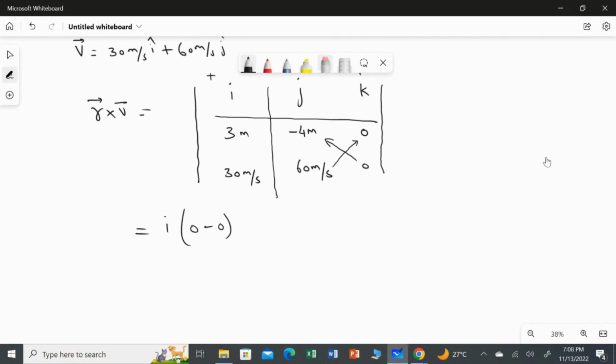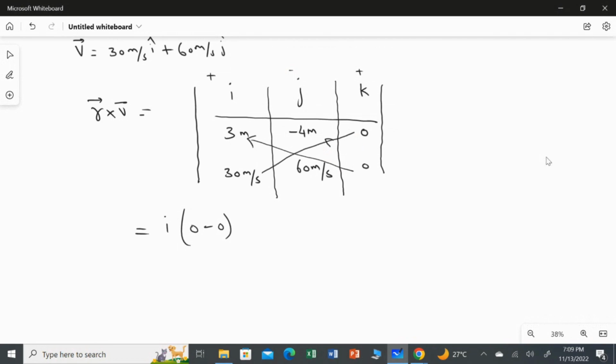So better I can erase this line. Now if you want to find the answer for this, what do you have to do? We have to consider the j, right? So I'm not going to touch this middle part as well as the first row. So I am going to multiply this in the positive multiplication part.